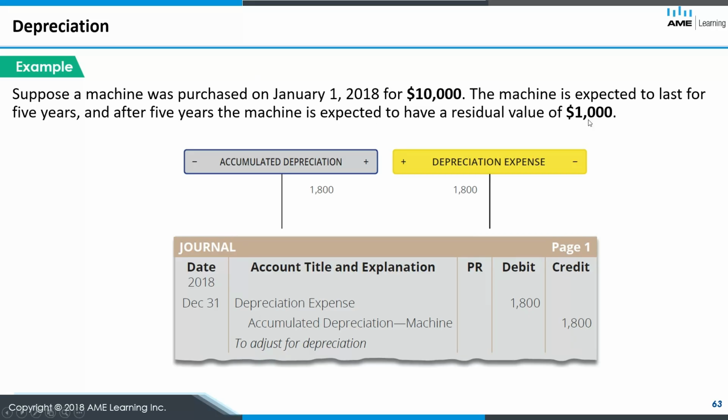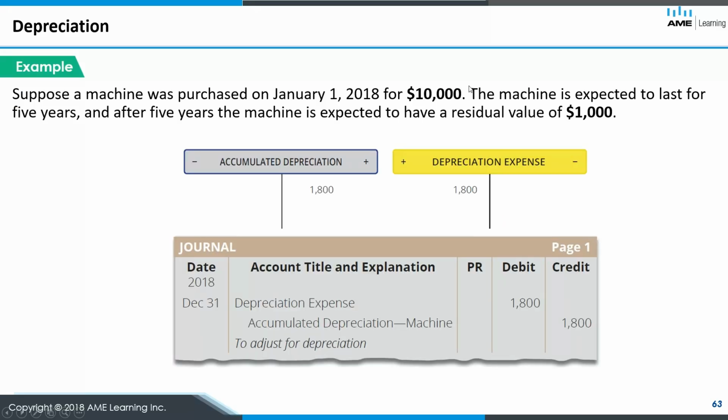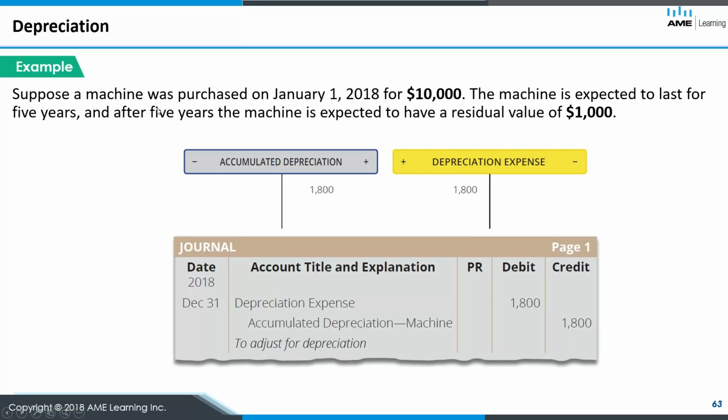We have $10,000. Let's subtract out the 1,000. Remember, it's cost minus residual value. So 10,000 minus 1,000 gives us 9,000. And then we divide it by the useful life, which in our instance here was 5 years. So we take 10,000 minus 1,000, we get 9,000, divided by 5 years.